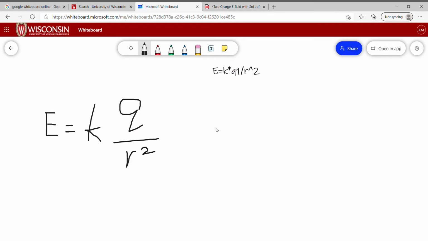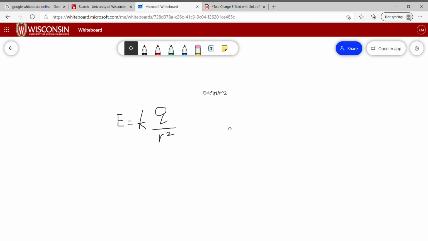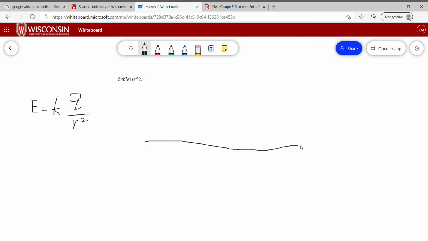Let's take an example. We have this line with points Q1 and Q2. If I choose a position here, this is R1, and this will be R2.